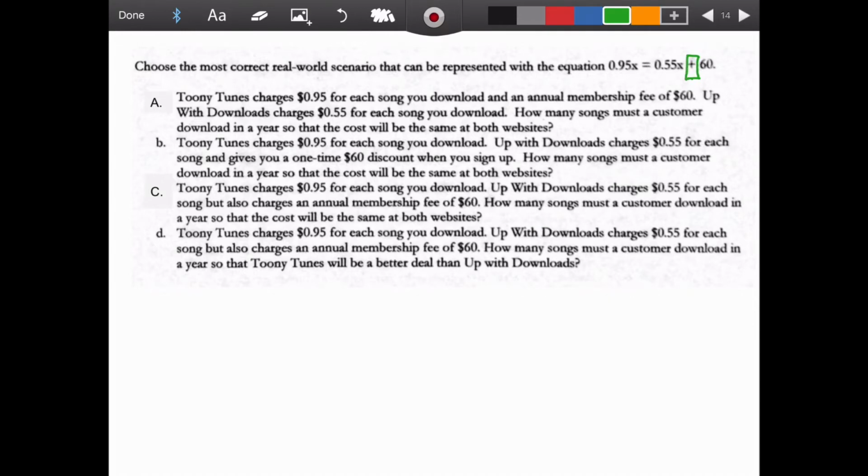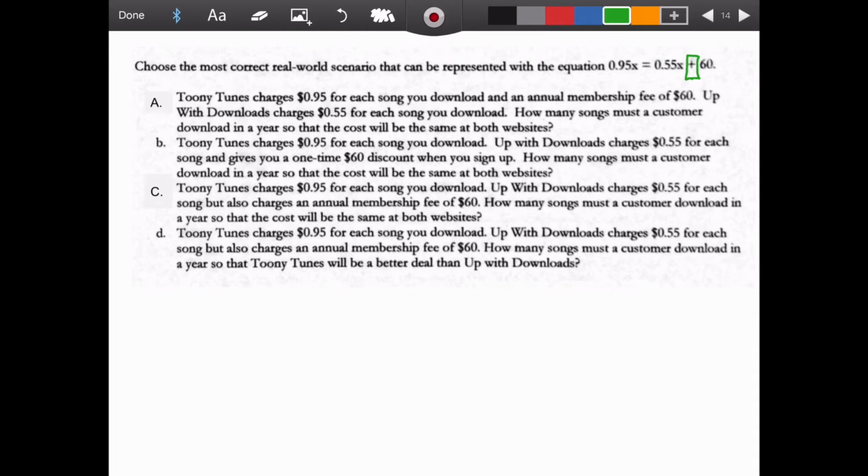On the left side, there's no operation, just the 95 cents and the variable. We also want to pay attention to our numbers and make sure they are the same. So I suggest the best way is to read through each scenario, write an equation based on it, and see if it matches.